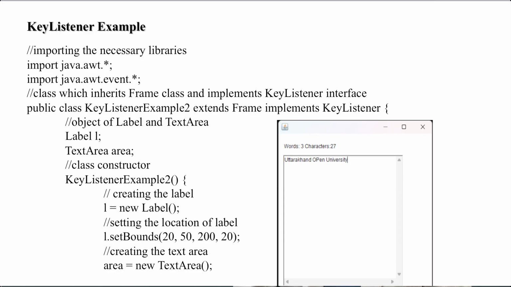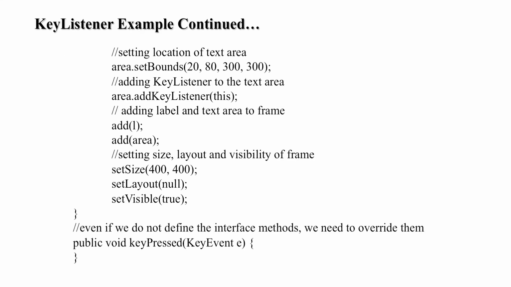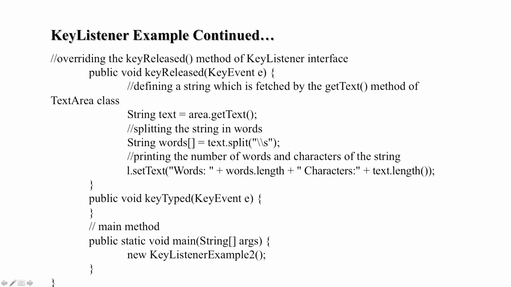Here we will set the location of the label, then we'll create the text area, then we have to declare the key listener to the text area, then add the label and text area to the frame, then set visibility, then we will override the methods.